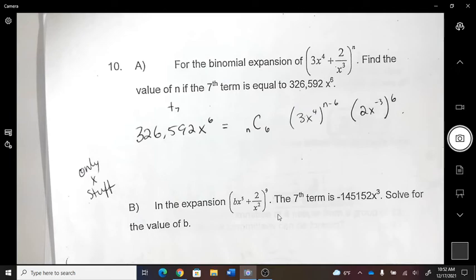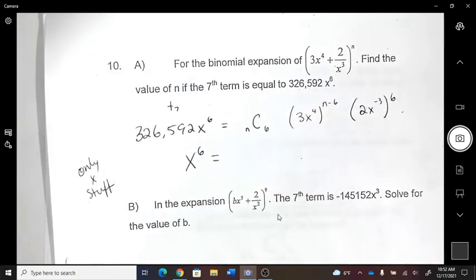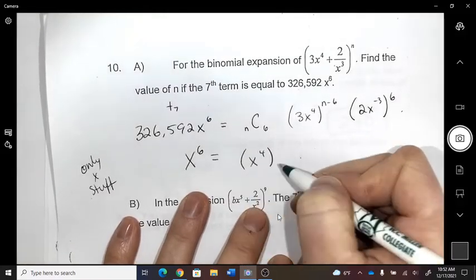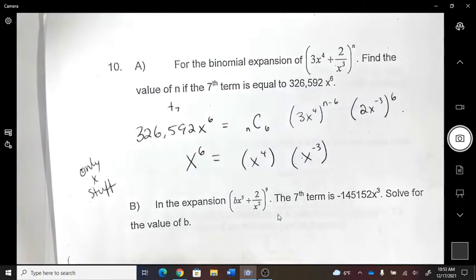Okay, so I'm going to only use x stuff. So if I got an x to the 6th, how did I get an x to the 6th? It came from x fourths in that, x negative 3s in that.